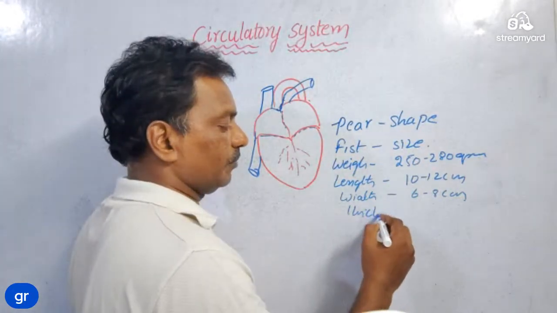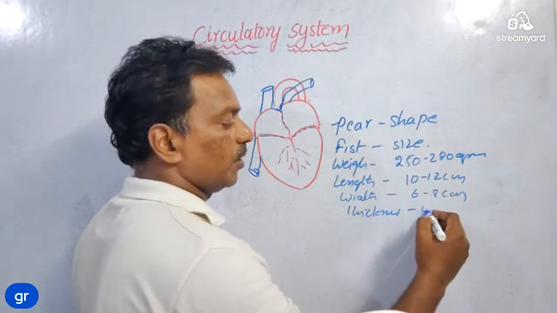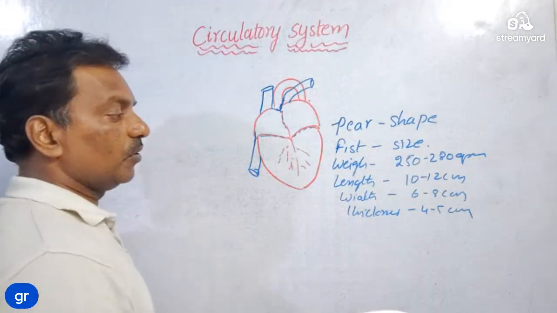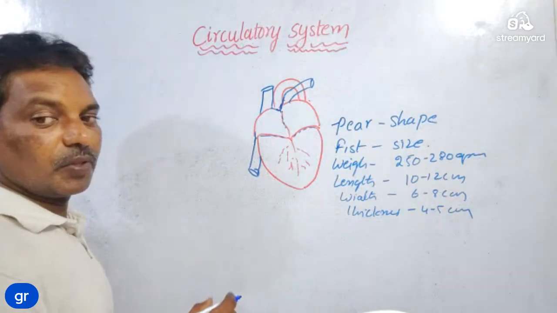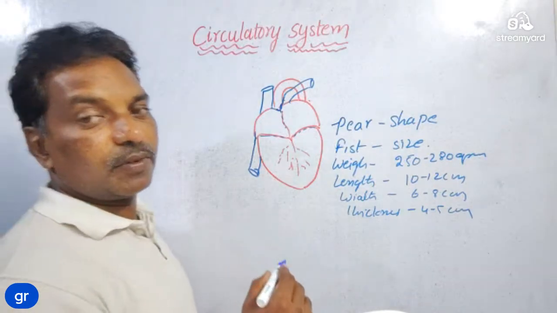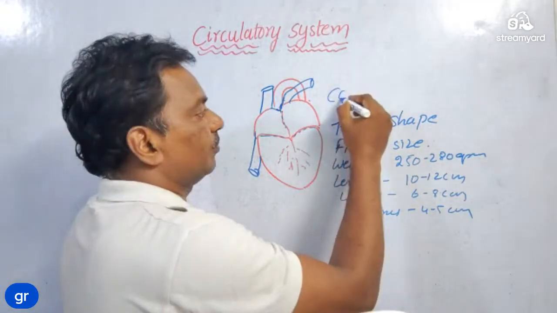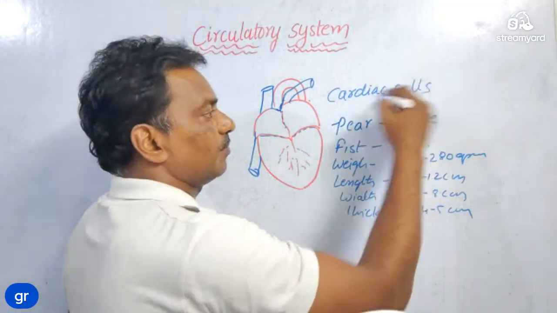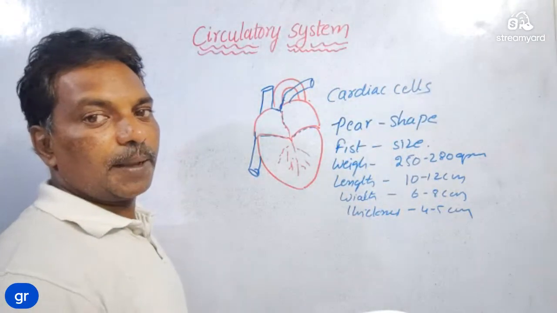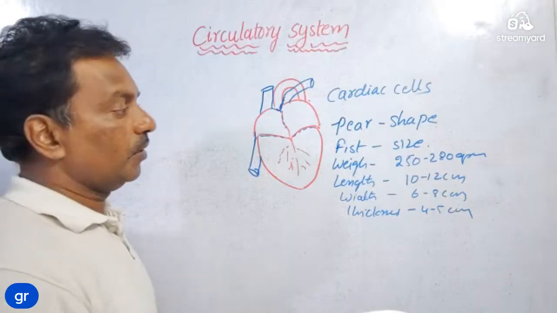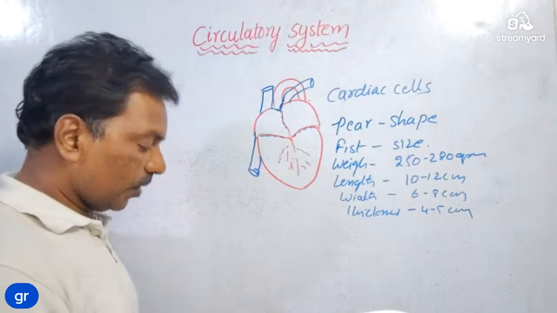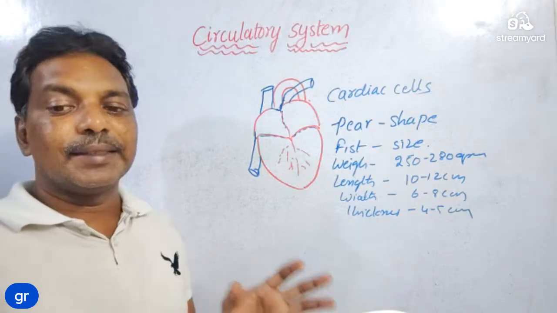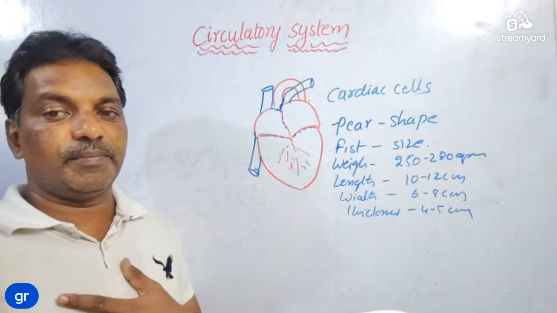Thickness, 4 to 5 centimeters on average. So the heart is made up of cardiac cells. Length, width, height, weight, everything. This is the external structure of the heart.